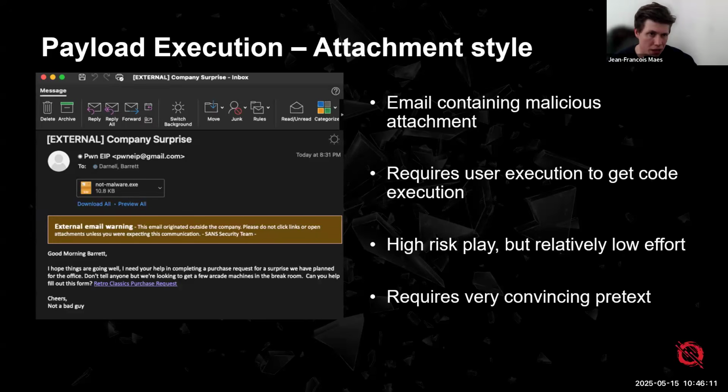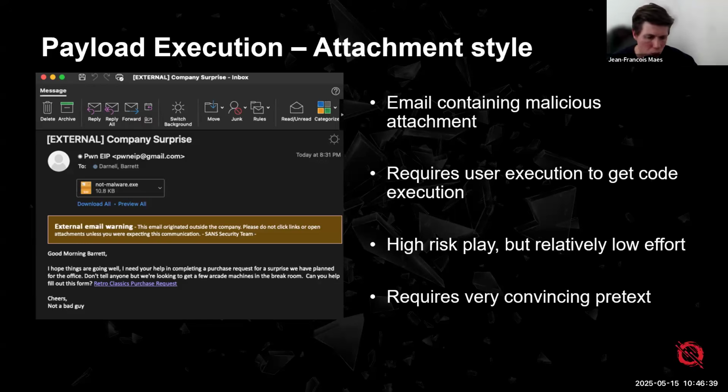So we could, for example, send an email with a malicious payload inside. This is, of course, going to try and force the user to execute the payload inside. It's a high risk, high reward level play, right? Because it's quite ballsy to include the actual payload in an attachment of an email. Nowadays, most organizations actually have pretty good detections against malware sent as an attachment.